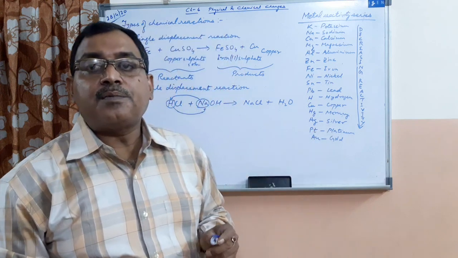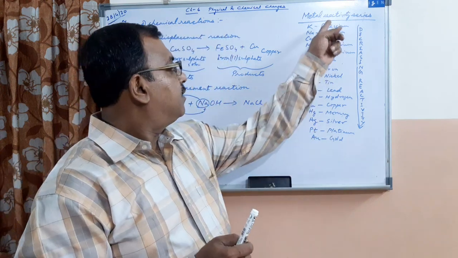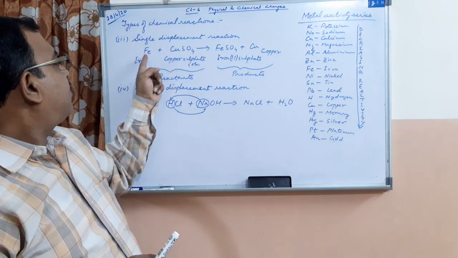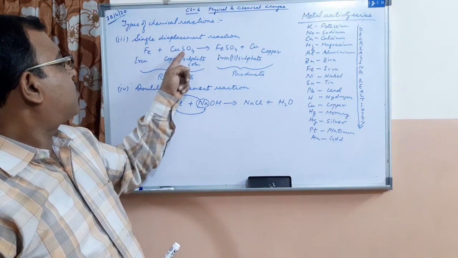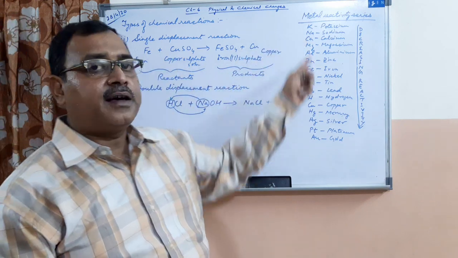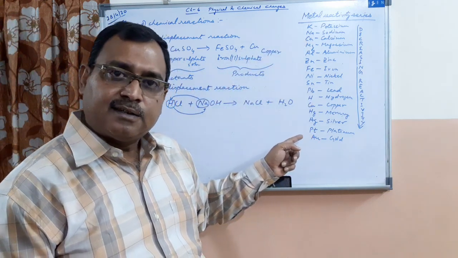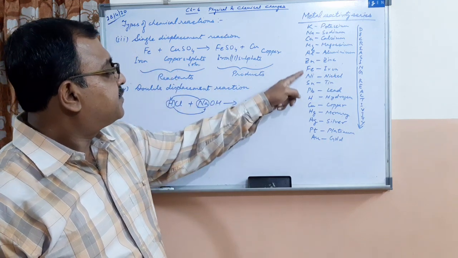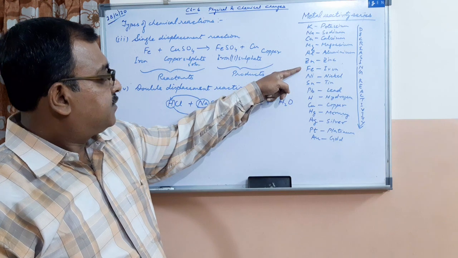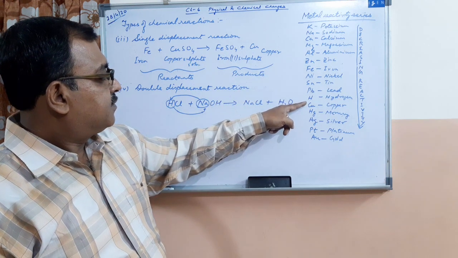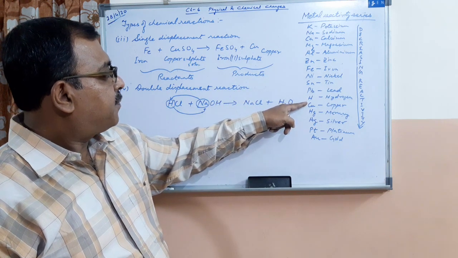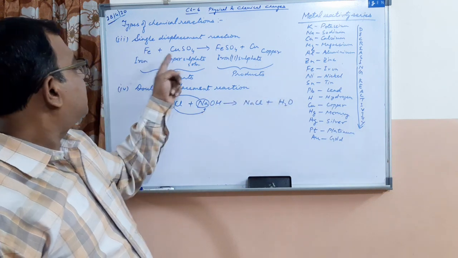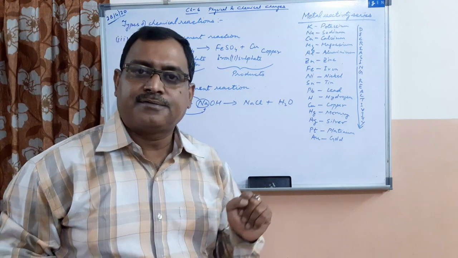So children, this is extremely important. With the help of this list, you can understand that in case of displacement reaction, which element can displace which one as per the position in the reactivity series. Clear? See here, iron is above copper. That means iron is more reactive than copper, hence iron can displace copper from its salt solution.